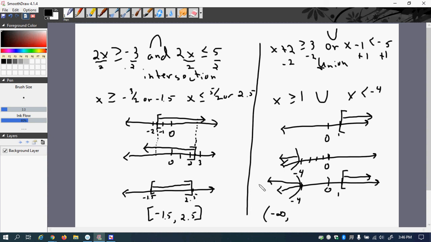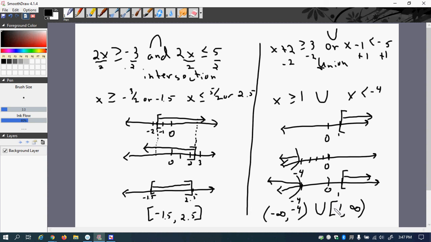That's our smallest value, and then all the way up to negative 4, but it's not including negative 4, so we use a parenthesis. And since we're using the union symbol, we put that there, and now we have a bracket for the 1 because we're including the 1, and then we're going everything in the positive direction, which is a parenthesis. So here is my interval notation for this particular problem.